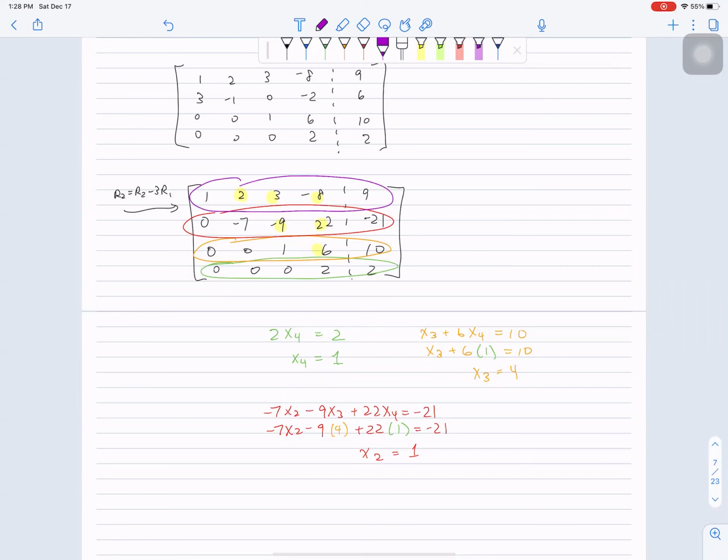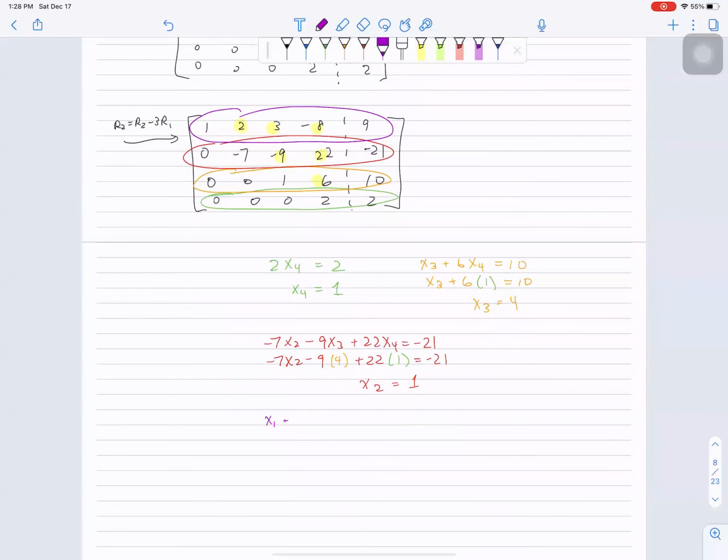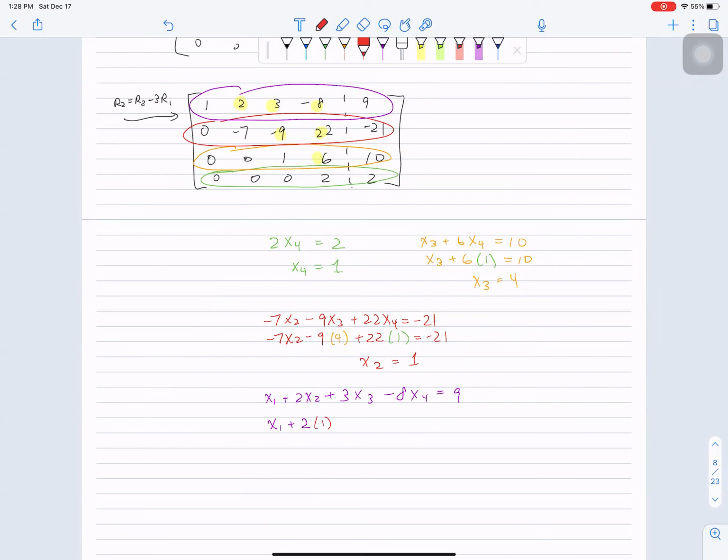And finally, the first row tells me that x1 plus 2x2 plus 3x3 minus 8x4 equals 9. I can plug in everything I've already seen. So I just found that x2 is 1, x3 I found was 4, and x4 I found was 1. So I can simplify and get x1 is 3.